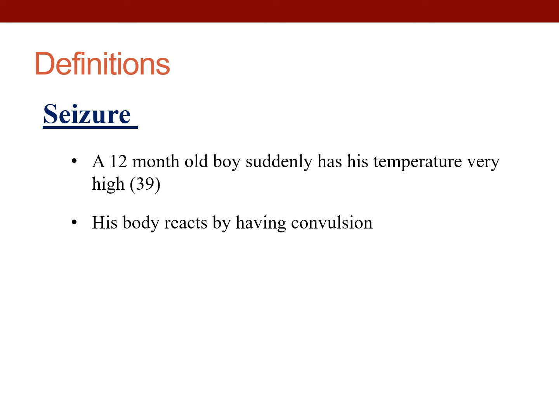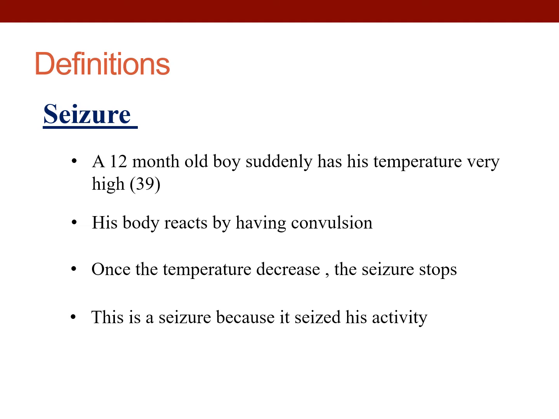His body will start reacting by having a convulsion or a seizure. Once the temperature stops, the seizure will stop. This seizure is because it seized his activity, so we called what happened to him a seizure because it seized his activity. But at the same time, this is not epilepsy, it is just simply a seizure. It will go away, you treat the cause, and that's it. Okay?